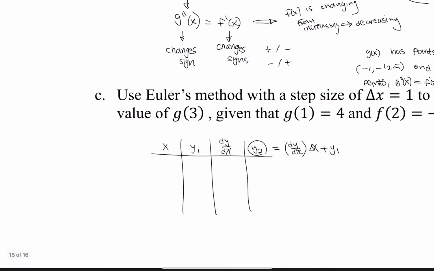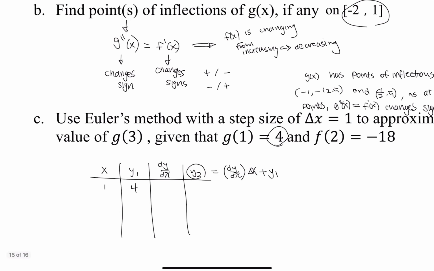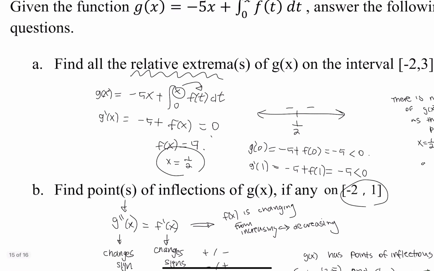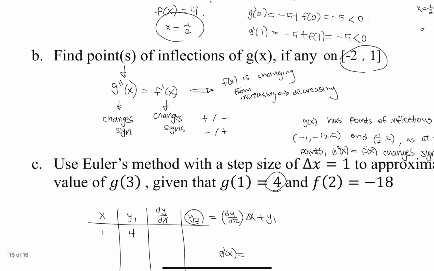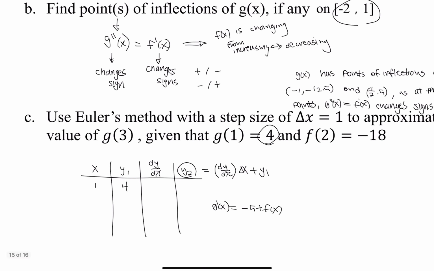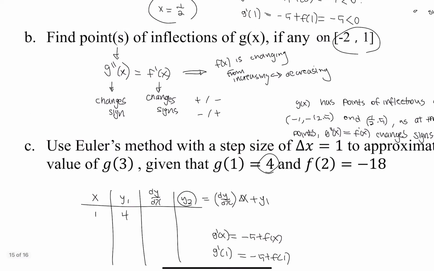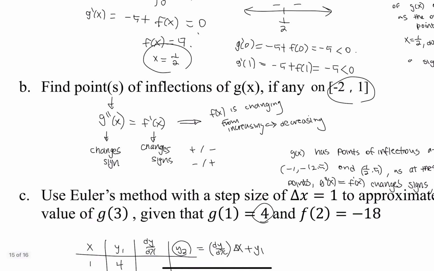Okay, so first we're starting off with x equals 1, and then we have the value of y1 equals 4, and then dy over dx, right? So we can say g prime of x equals, what is it? -5 plus f of x, right? And then at x equals 1, this would be -5 plus f of 1, and then earlier we found that f of 1 was 0, right?